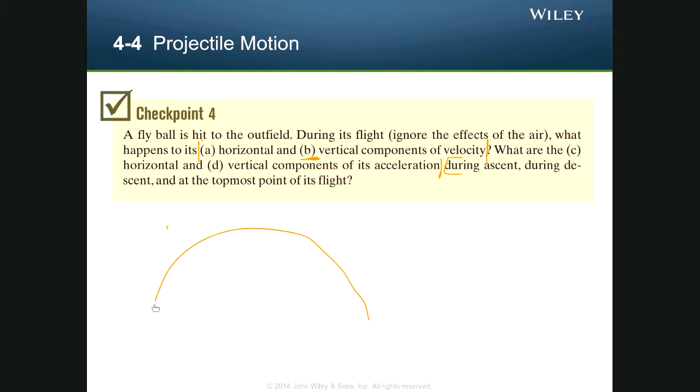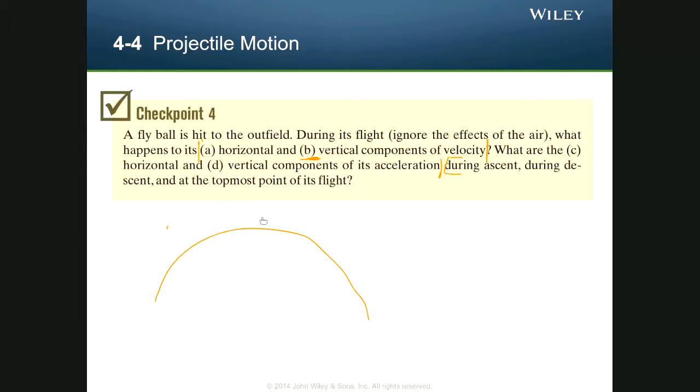We have this part where we go up, up, down, and at the topmost point of the flight here, we start descending. We start decreasing. But now let's go to A.